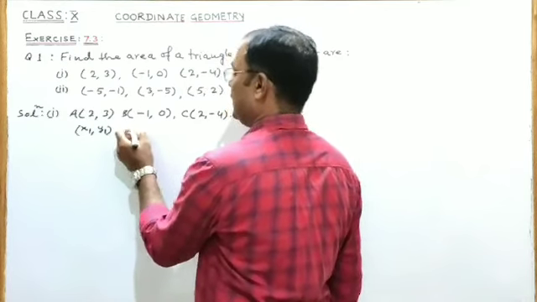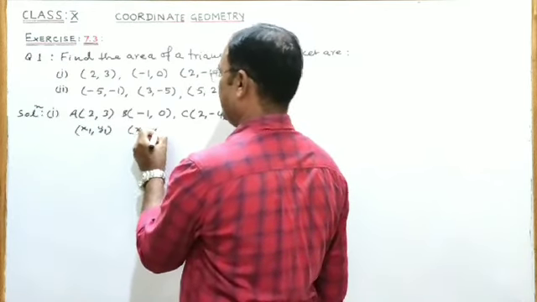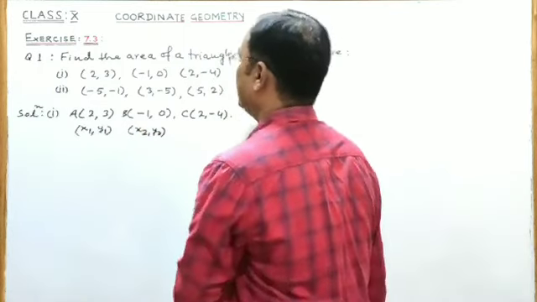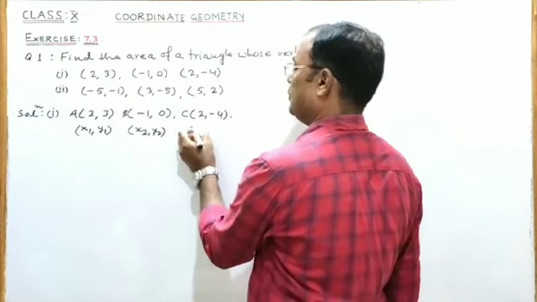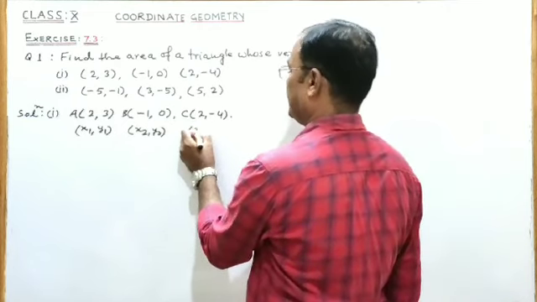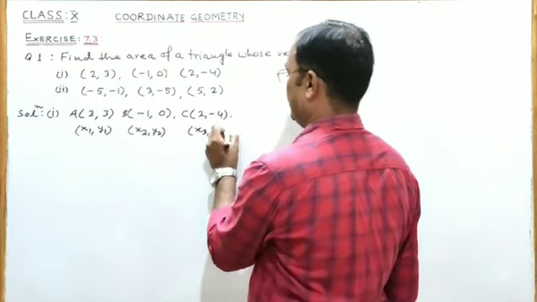Second vertex is B, minus 1, 0, so let it be x2, y2. And third vertex of the triangle is C, 2, minus 4, so let us write it x3, y3.